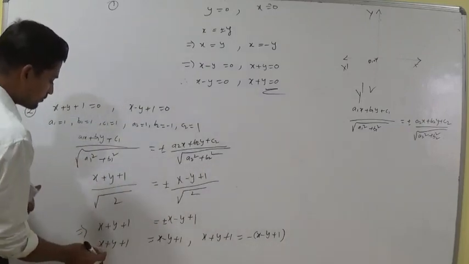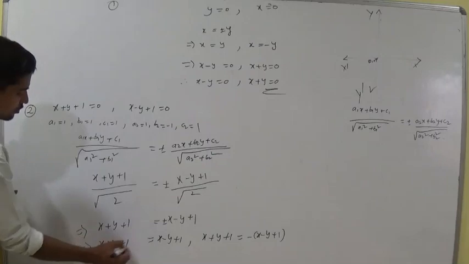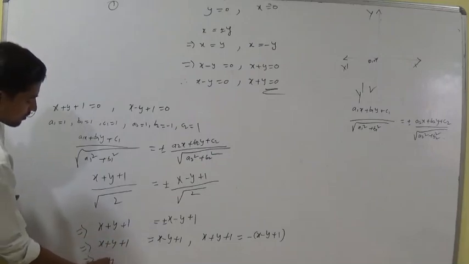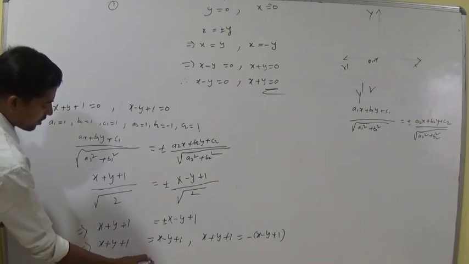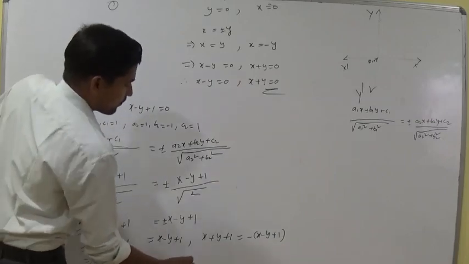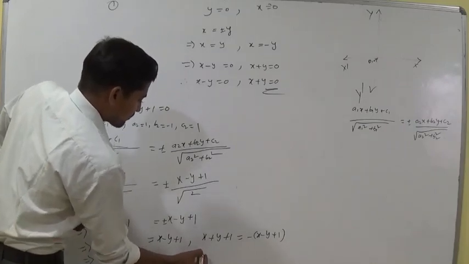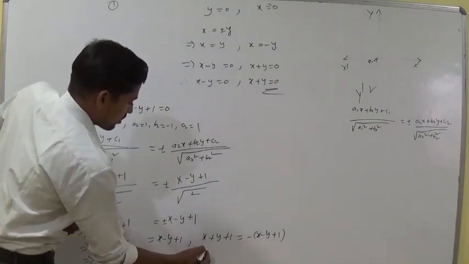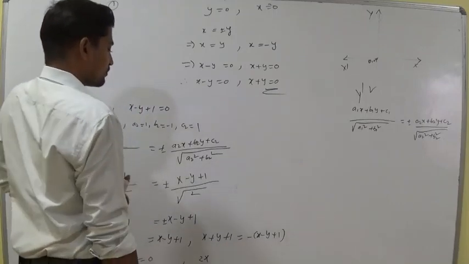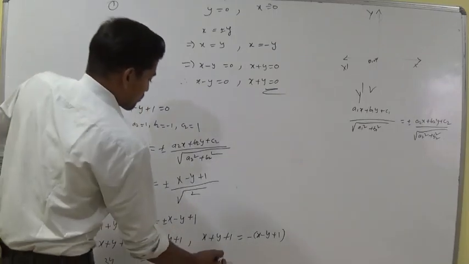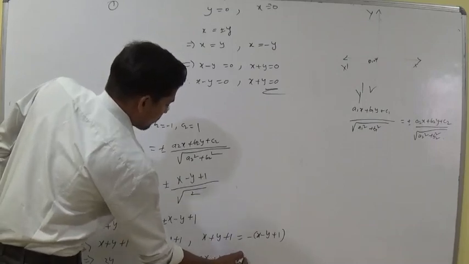So that implies 2y equal to 0, and 2x plus 2 equal to 0.